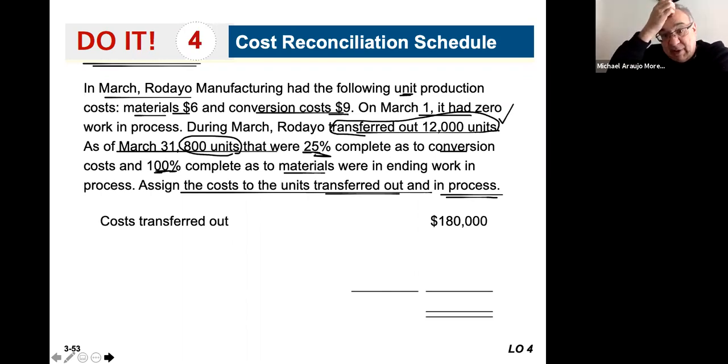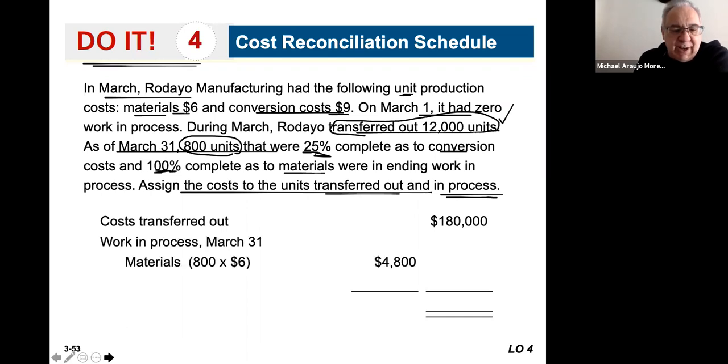We transferred out 12,000 units at effectively $15 each, because the 6 plus the 9, right? But in terms of the work in process, all of the materials were in those 800. So 800 times 6 makes sense.